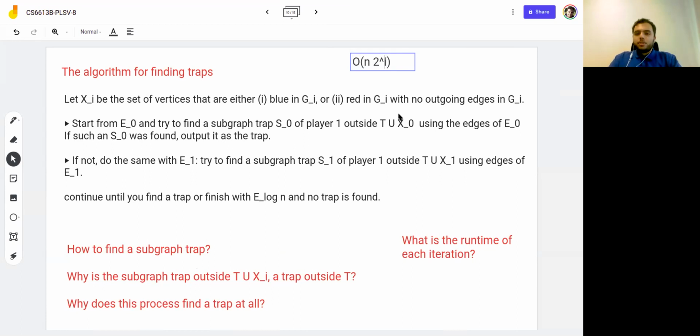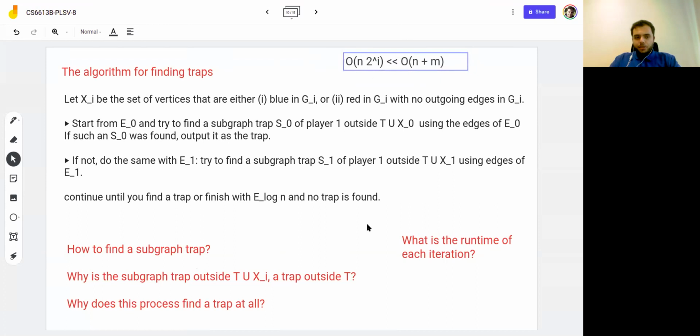So this is also the runtime for computing traps in the graph GI. And this is much better than the runtime for computing traps in the original graph, which is order n plus m, right? So if I get lucky, and if I find traps in earlier iterations, I have spent less time.